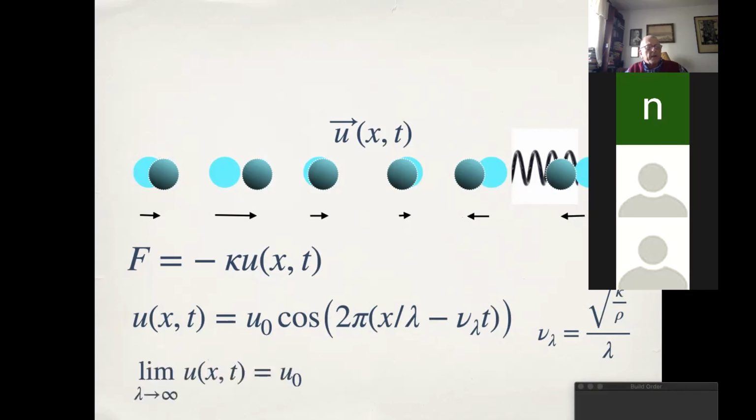So we get that in the lambda going to infinity limit, the displacement becomes constant. When it becomes constant, it corresponds to the translation of the whole lattice by a distance u0.